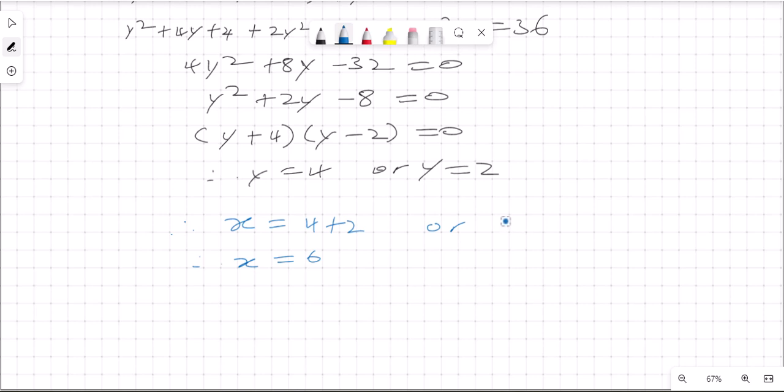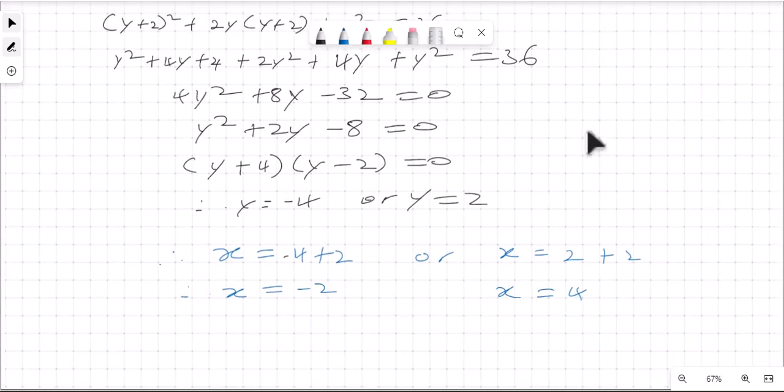Or, oh sorry, this is negative 4, so negative 4 plus 2, the answer is negative 2. Sorry. Then here, x equals 2 plus 2, the answer is 4. Then we are done. We have solved for x and for y.